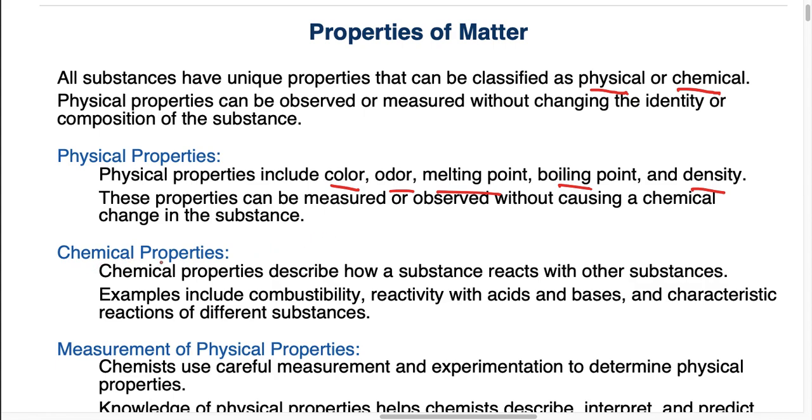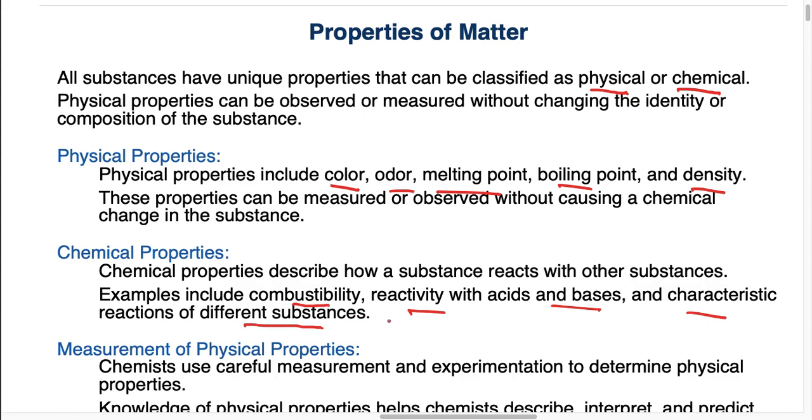Next is chemical properties. Chemical properties describe how a substance reacts with other substances. In simple words, chemical properties tell us how substances react with other substances, sometimes to form new compounds, or tell us about their stability. Examples include combustibility, reactivity with acid and base, and characteristic reactions of different substances.